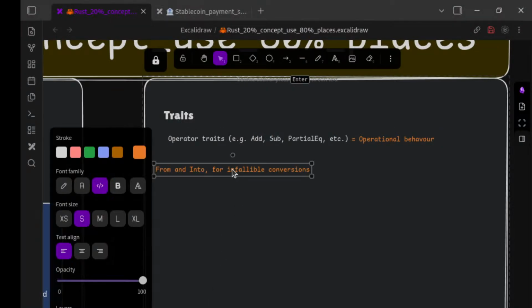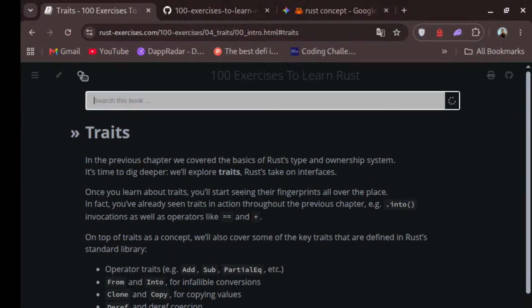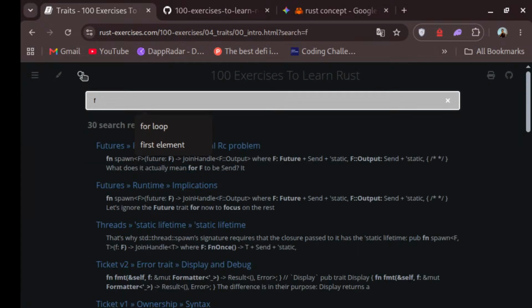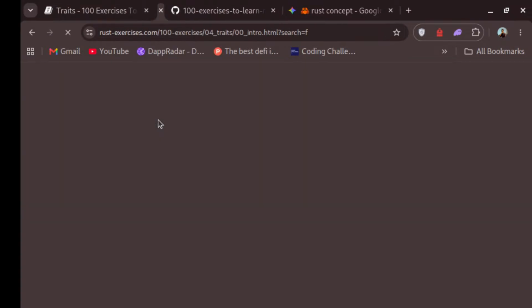I don't know this, that's why I have to find out first. So let's search, we will open new duplicate tabs.